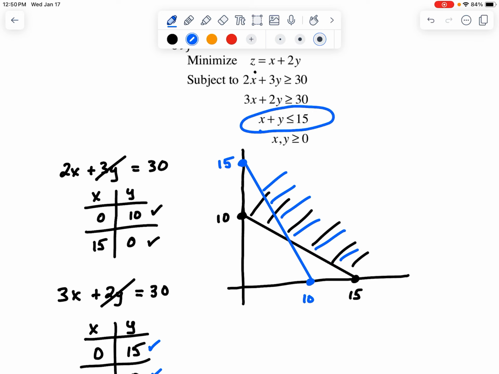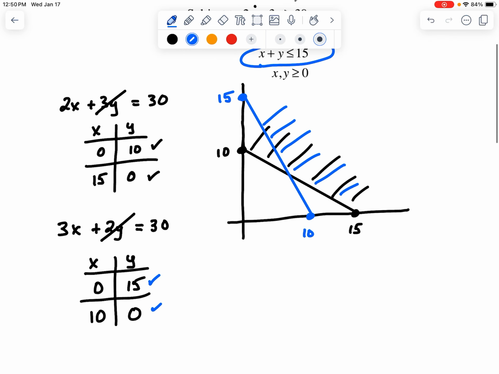So then with x plus y, less than or equal to 15. So at first, just put x plus y equals 15. And then that table is going to be easy to make, because if x equals 0, then that makes y equal to 15.